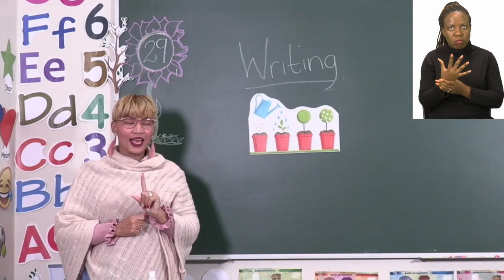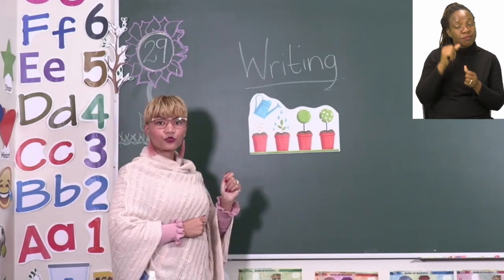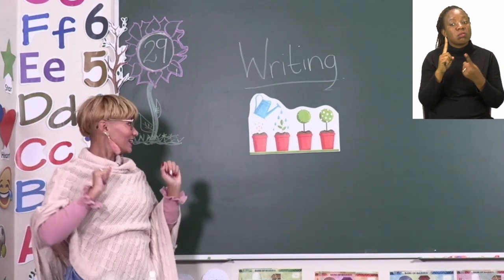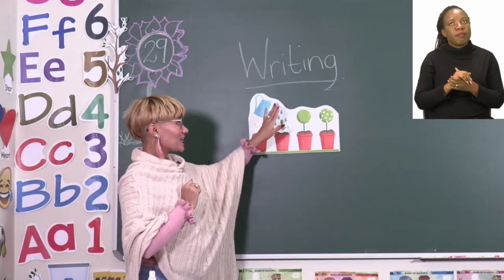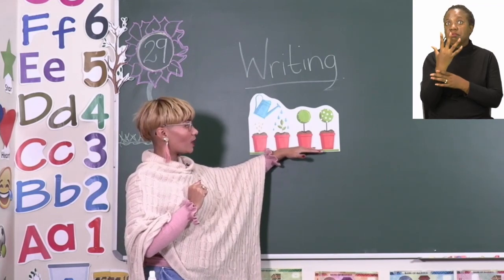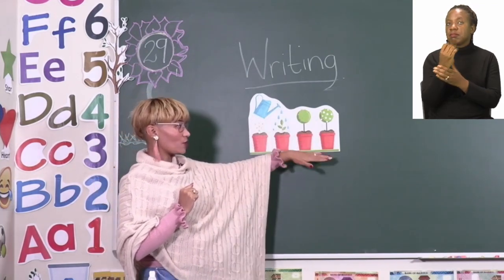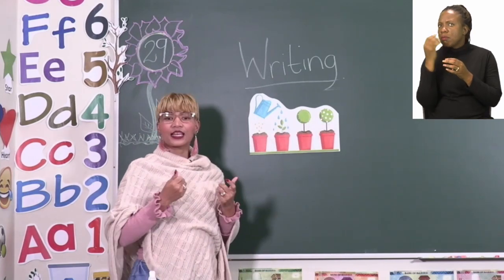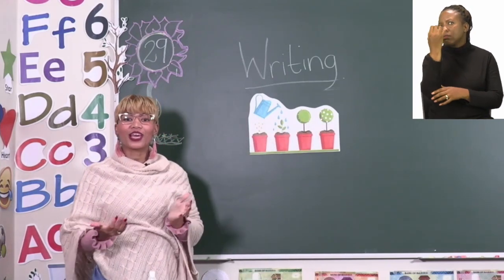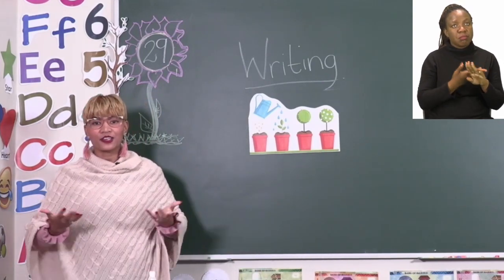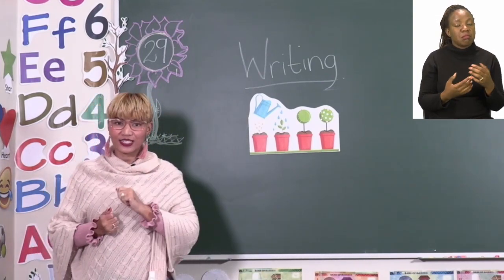Remember everyone that in order for your plants to grow, you also need the sun. And then you have a plant, a fully grown plant, and then you see your plant grew some flowers. Now everyone, you can use this example to complete the rest of your activity.